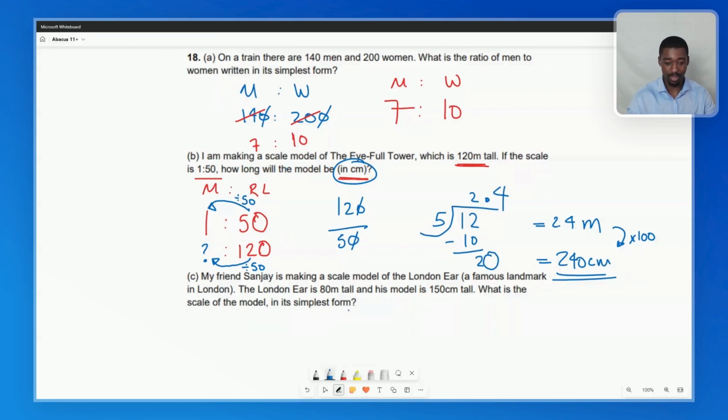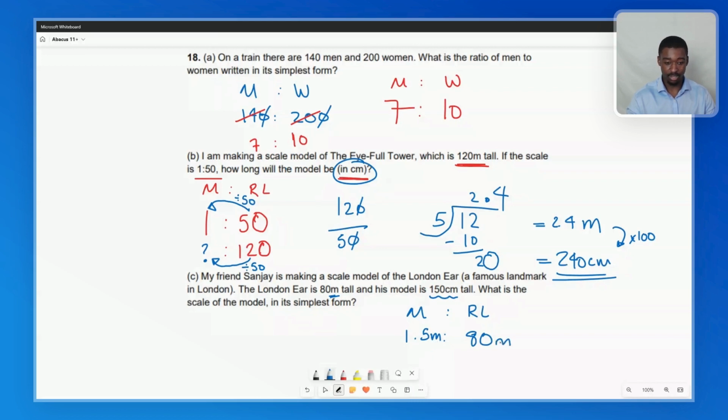Okay, so here again we have the ratio and we're looking at model versus real life. So let's try and plug in some values. In real life, we know the London Eye is 80 meters tall and it's in meters, right? Be very careful about this. And in the model, we've modeled this by making it 150 centimeters tall, which is 1.5 meters tall.